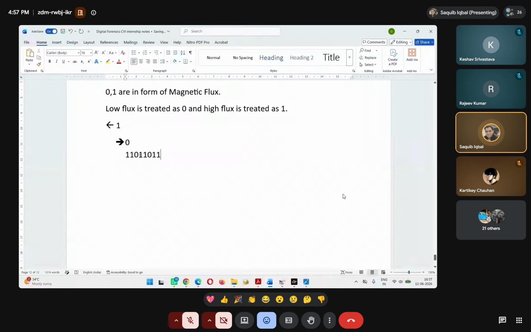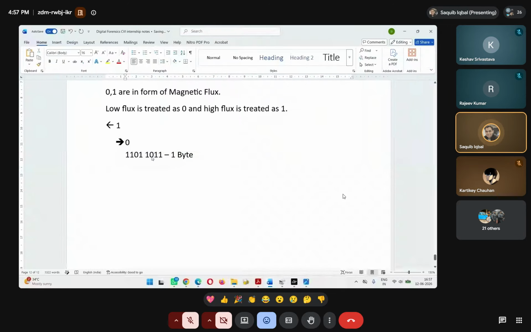Now let's say this is how data is written in a hard drive. This is 1 byte of data, and there is a formula and a method to convert these 0s and 1s into character format.